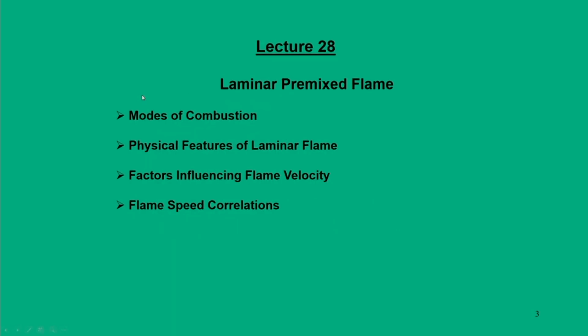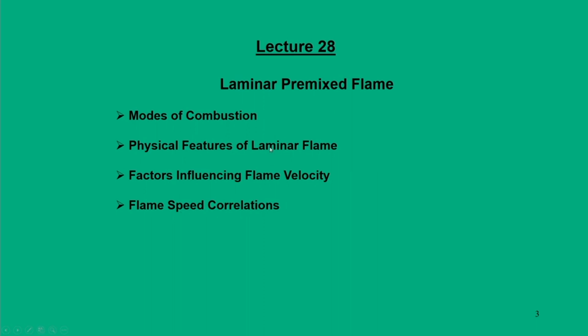So in this lecture, that is lecture number 28, laminar premixed flame, we will cover the topics such as modes of combustions, physical features of a laminar flame, the factors that influence the laminar velocity, and flame speed correlations.